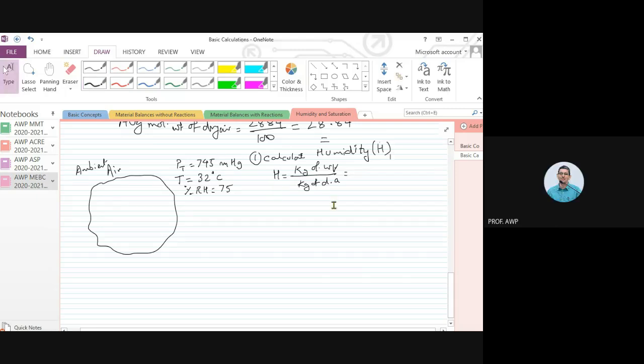Even if you got some intermediate values, you can tell us. Or how did you calculate? You can tell us.